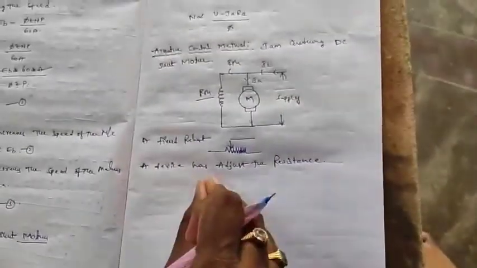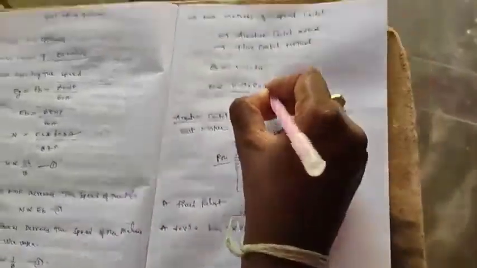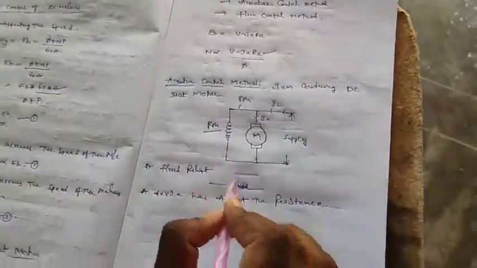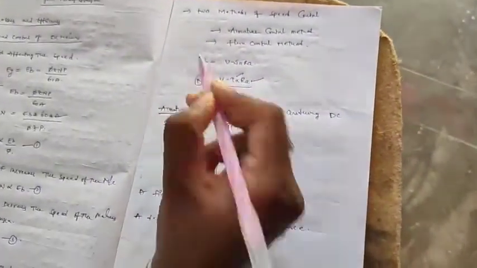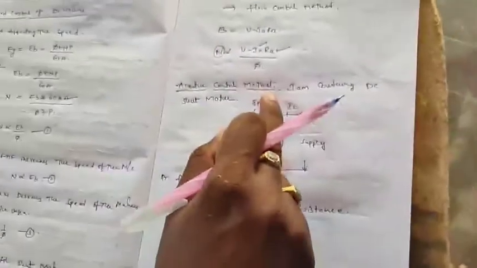If you adjust the resistance, the RA value changes, the current also changes, and the speed of the machine will change. So that's why in this armature control method we connect a rheostat in series with the armature.